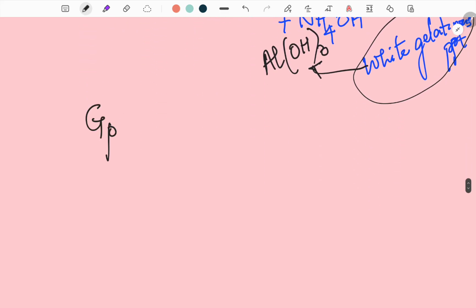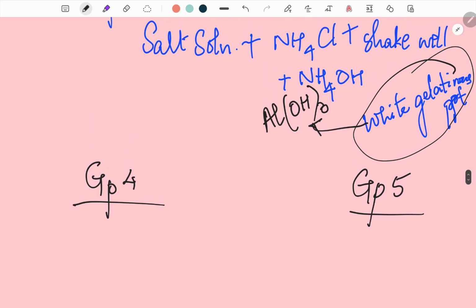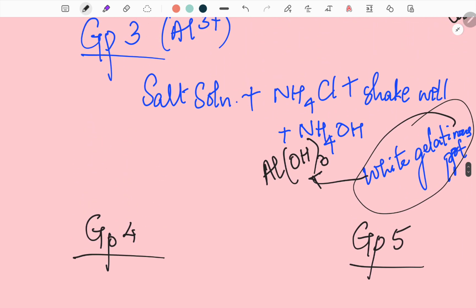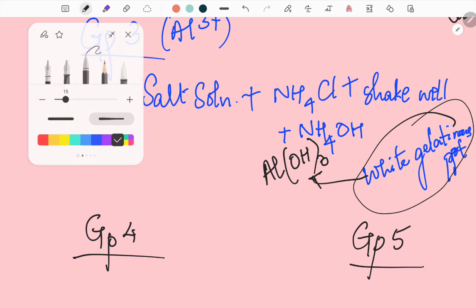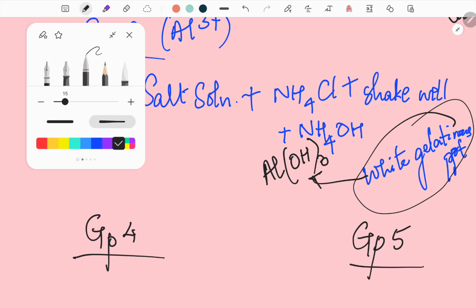Next, we have group 4. For group 4 and group 5, you need the substances in the group 3 test tube. If you are not getting a white gelatinous precipitate, you need to move on, because I told you in the first part that the identification test has to be systematic.